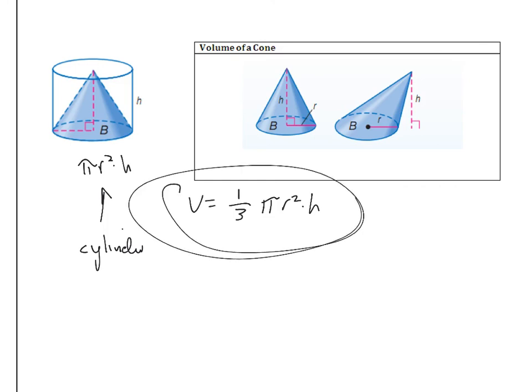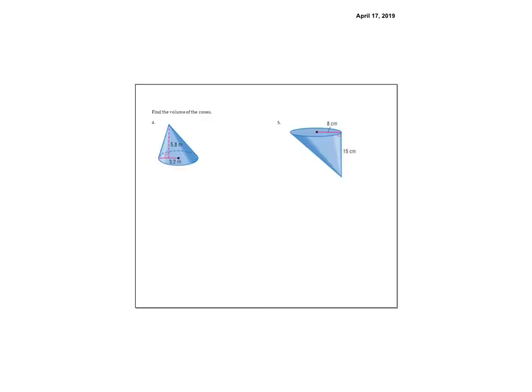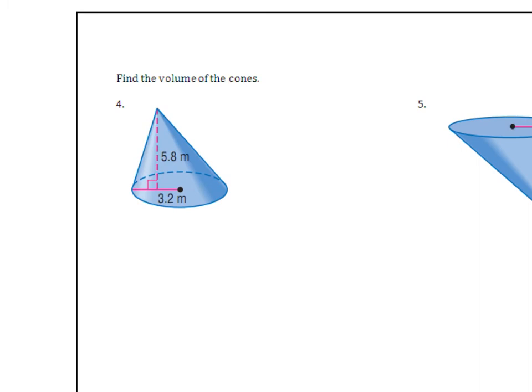So this is what I would put into my note sheet, or my formula sheet. So here, I want 1/3 times 3.2 squared times pi times 5.8. So some calculator mashing. I get 62.195 meters cubed.